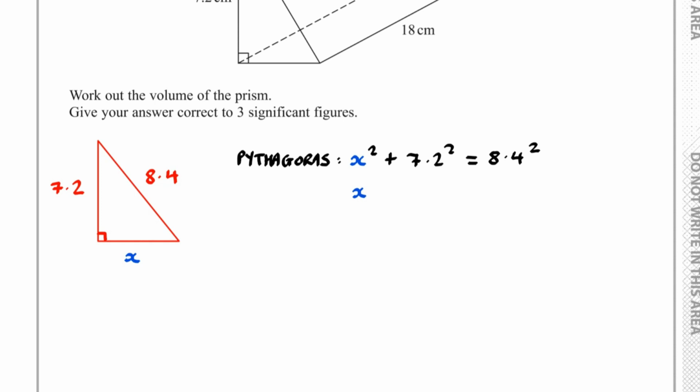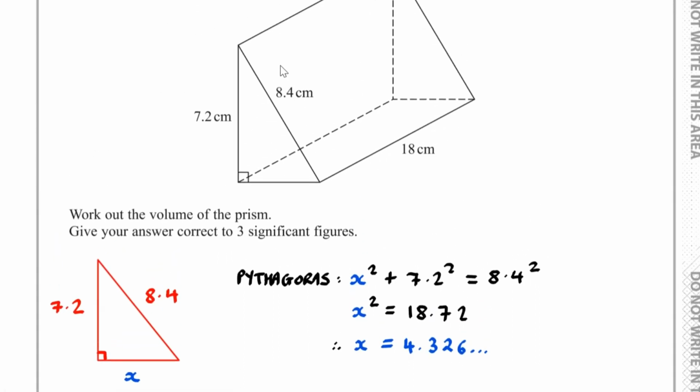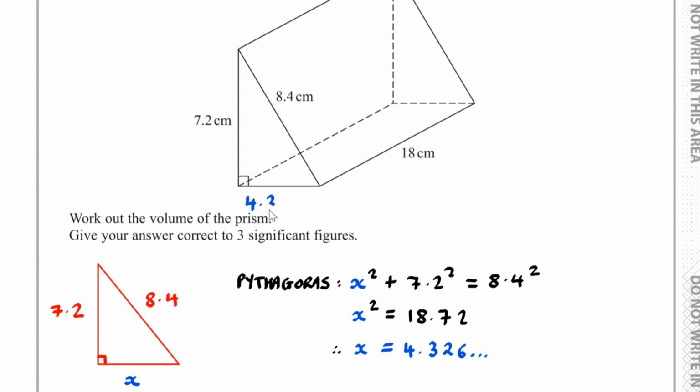So x squared is equal to 8.4 squared subtract 7.2 squared, which is 18.72, which means the length of x is equal to the positive square root of this, which is 4.326, etc. So this length here, we've got 4.326, etc. centimeters.